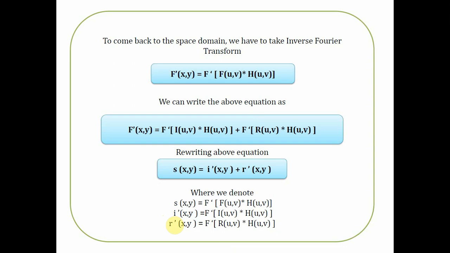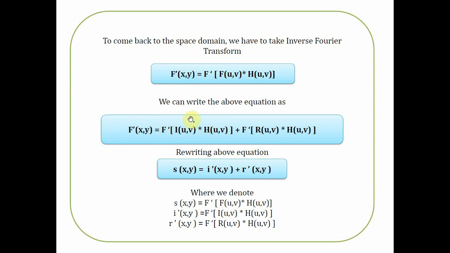After rewriting the above equation, we can denote the new quantity f dash of xy as nothing but the inverse Fourier transform of the incident component and the inverse Fourier transform of the reflected component, or you can say reflectance. Now rewriting the above equation, we can denote the new term s of xy for f dash, in the bracket F of uv H of uv.